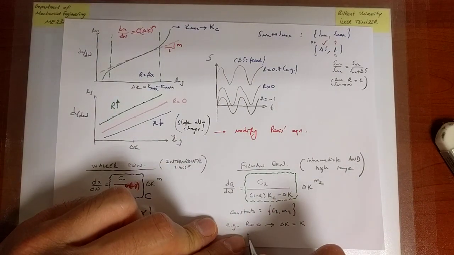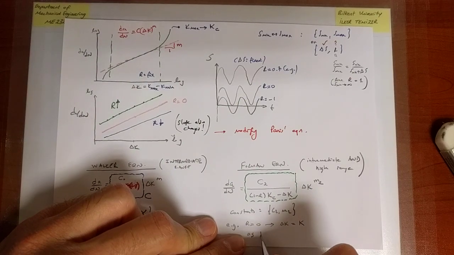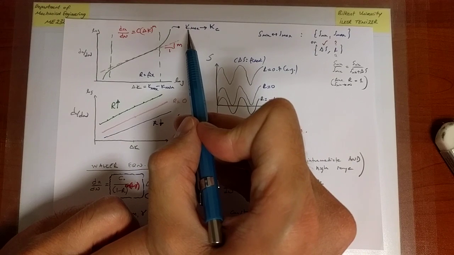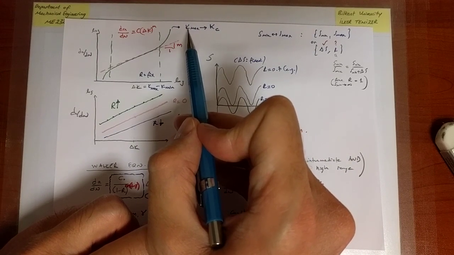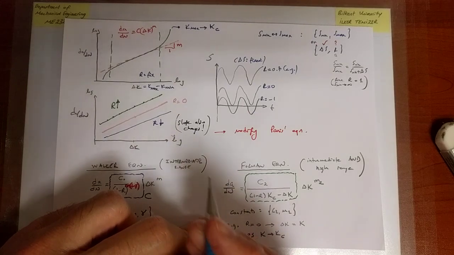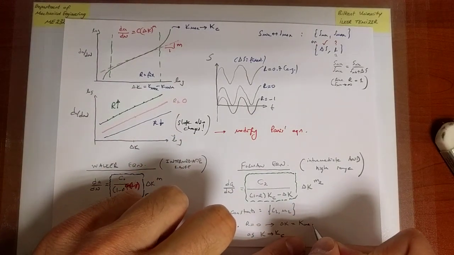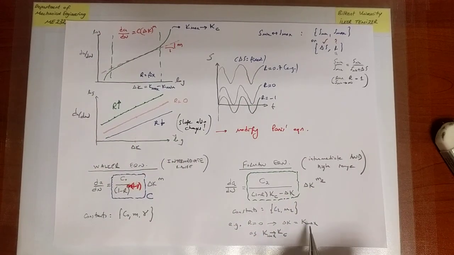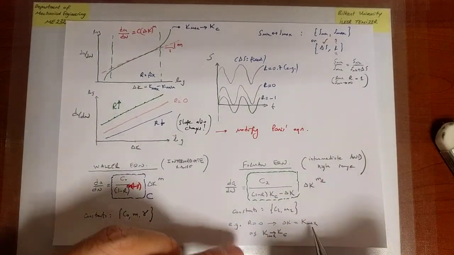So as the crack grows, the maximum value of K will approach Kc. So in fact, let us keep the max, because the value of K changes from 0 to the max value.